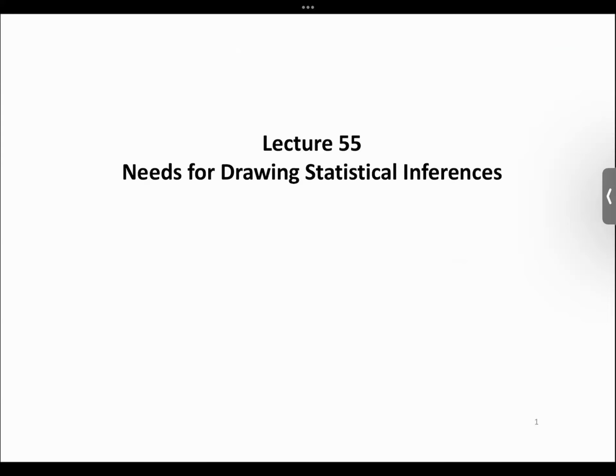This was more of a theory kind of lecture, lecture 55, needs for drawing statistical inferences. You have a large population, and this population might have some parameter called theta. This theta could be either the mu or the standard deviation, whatever parameter you're interested in.